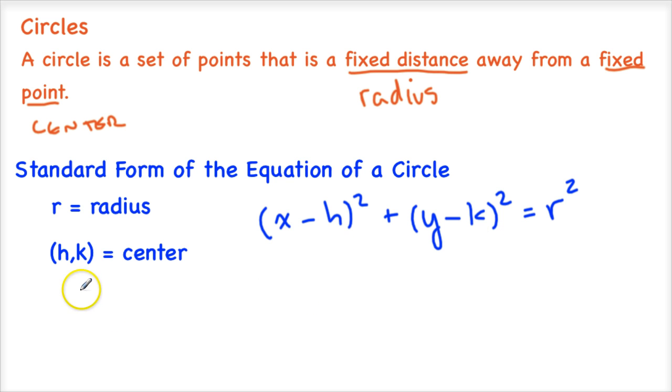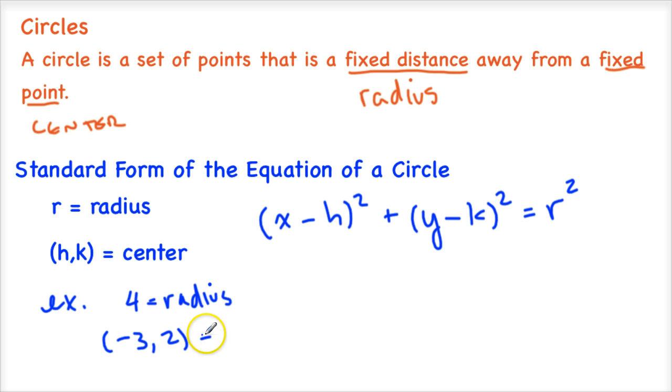The only thing that we have to be careful about here: if we have an example and we say that 4 is the radius, and the point (-3, 2) is the center. If I'm going to plug this in, the thing I need to know is that this is x minus h and y minus k.